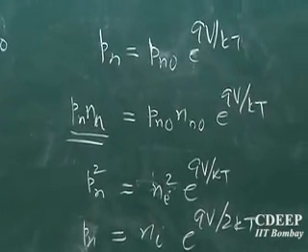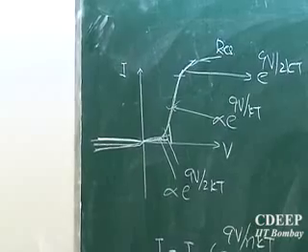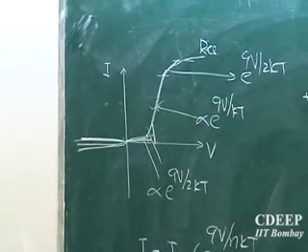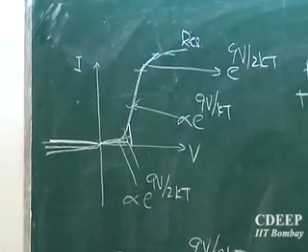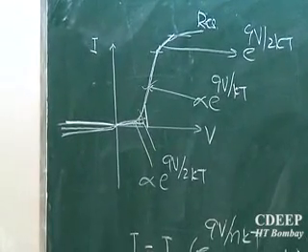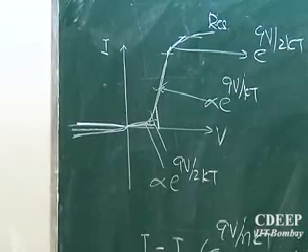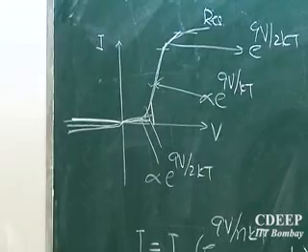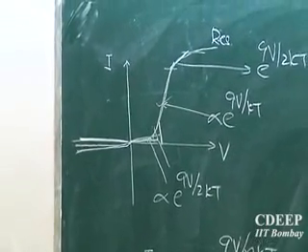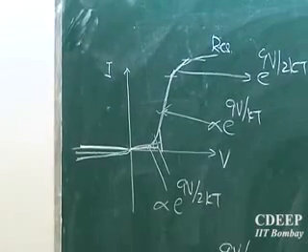So at high injection levels, you see again e to the power qV by 2kT terms. Is that clear? Because the minority carrier concentration is similar or almost the same as that of the majority carriers there. That means this essentially will change into e to the power qV by 2kT terms. The boundary condition changed there, and because of that the current shows a slower rise now.